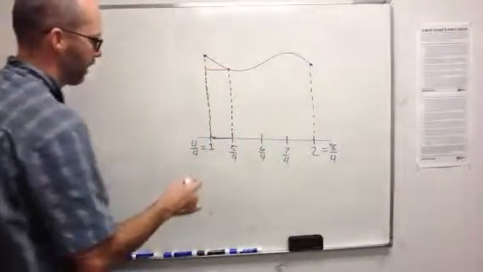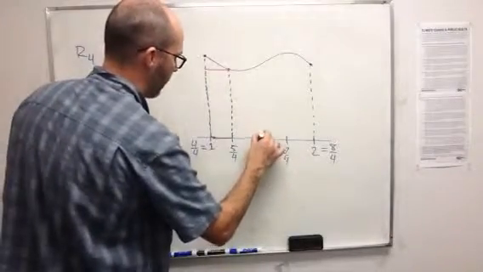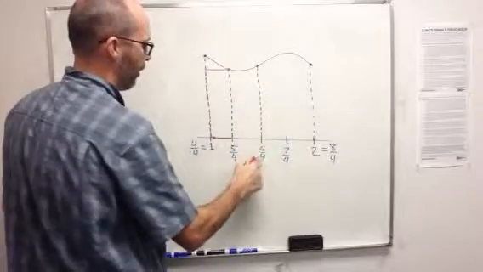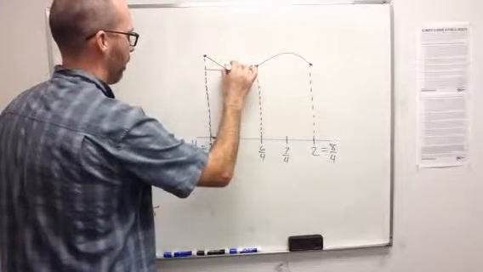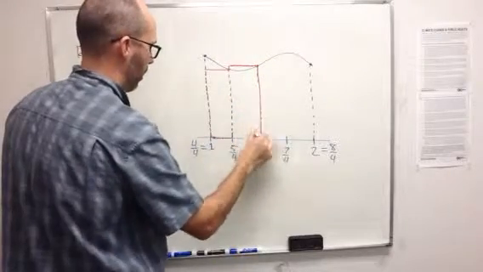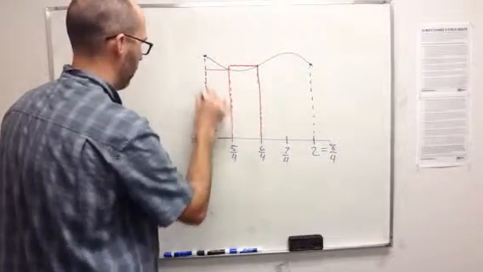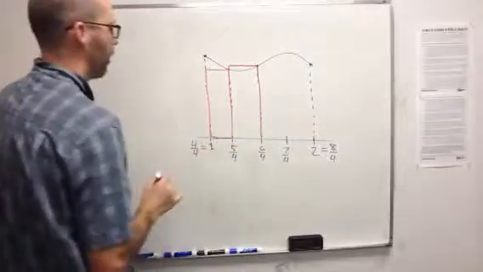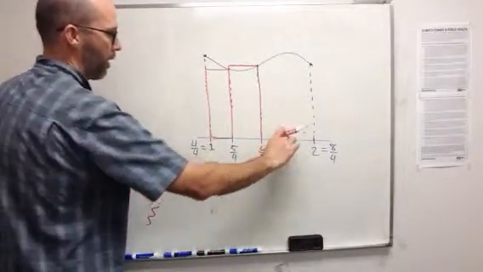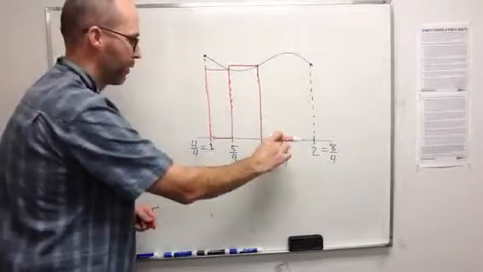For our second rectangle, we look at the height again as f of 6/4. For the next rectangle, we have our width, and our height is f of 7/4.